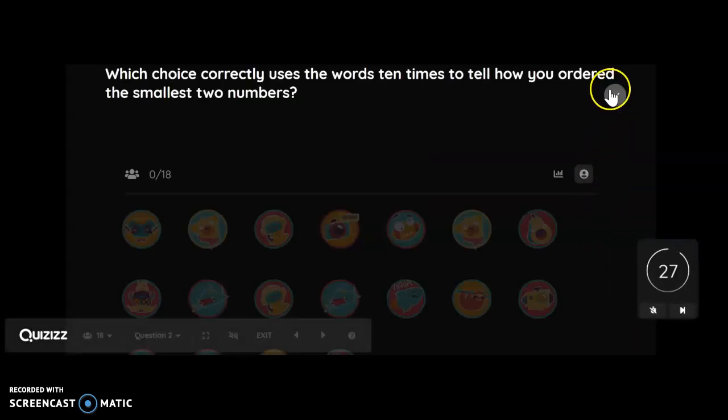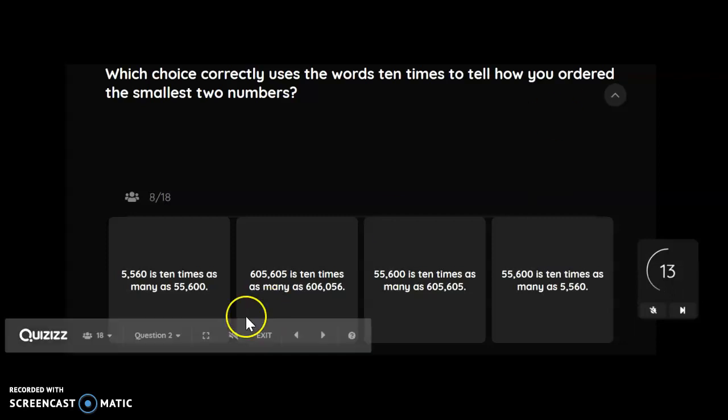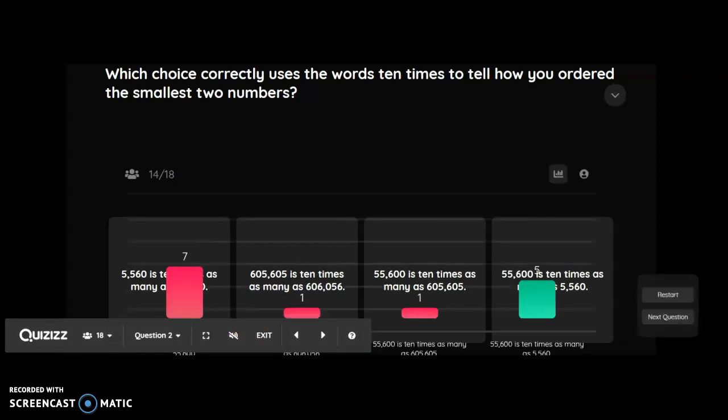Which choice correctly uses the words 10 times to tell how you ordered the two smallest numbers? So remember the two smallest numbers were 5,560 and 55,600. 55,600 is 10 times as many as 5,560.